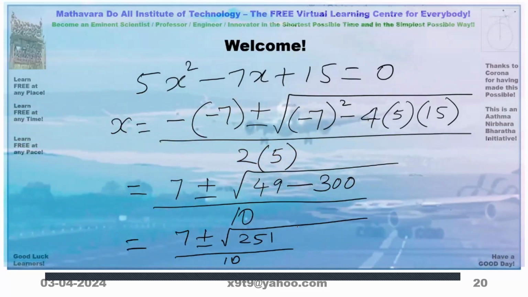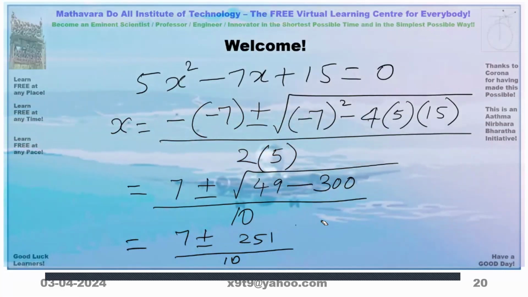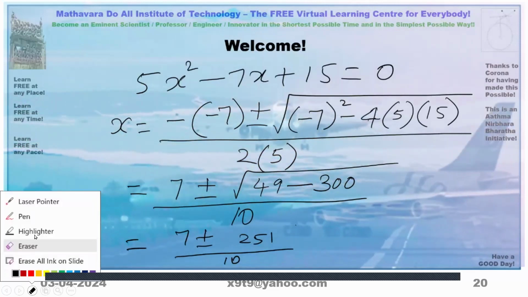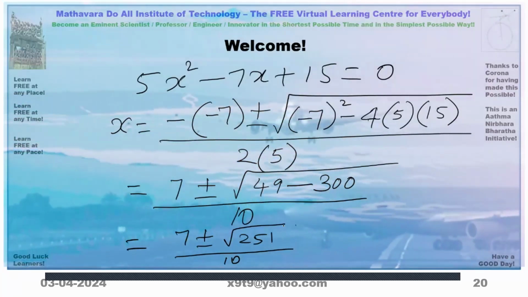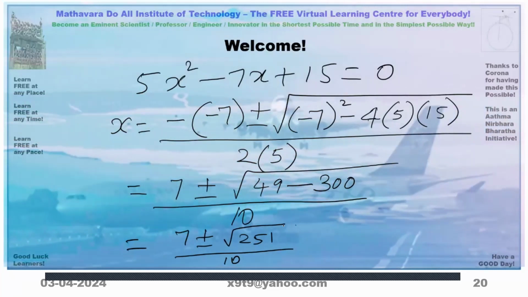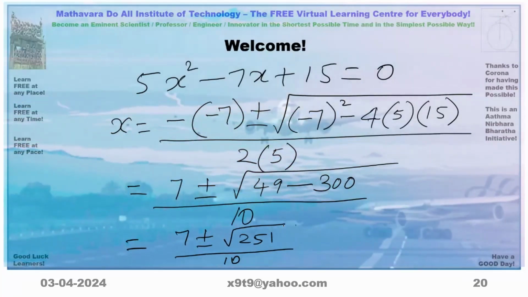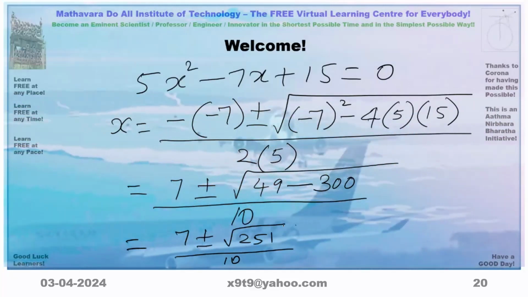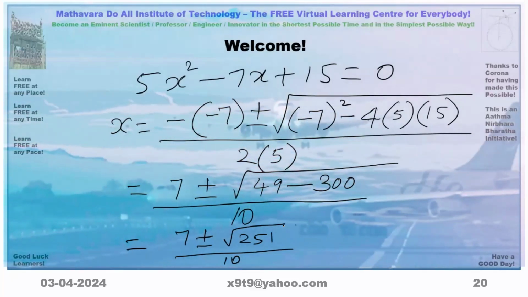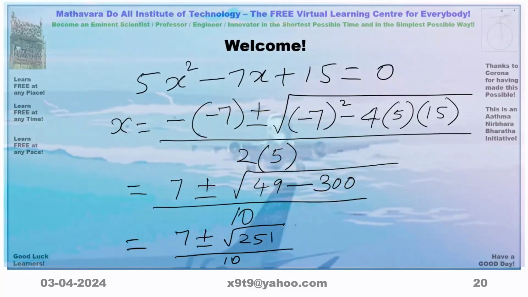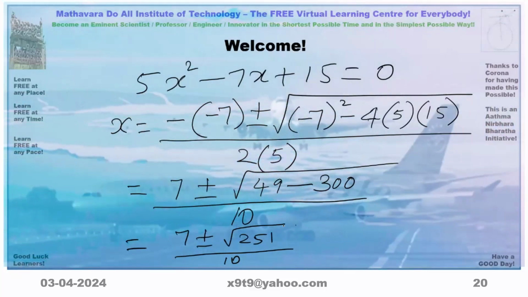So it is 7 plus minus root of minus 251 by 10. Now 251, we can find how much is the root from the calculator. So if you have a calculator, there is a square root button.